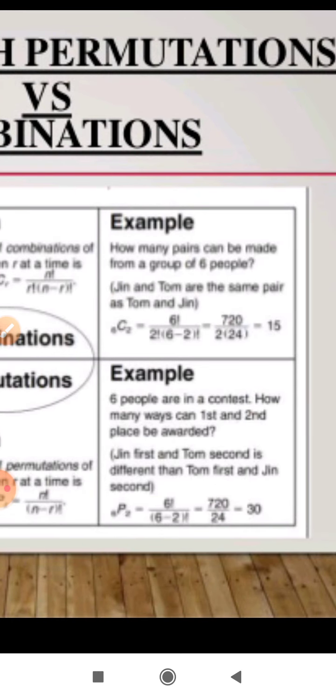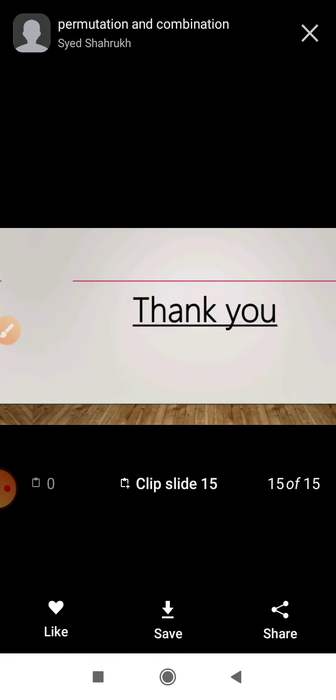For nCr, n is 6 and r is 2, so putting the values in the formula, factorial 6 upon factorial 2 into factorial 6 minus 2, which is 720 upon 2 into 24, is equal to 15. Similarly, for the example of permutation nPr, putting the values of n and r in the formula nPr is equal to factorial n upon factorial n minus r, which is 720 upon 24, is equal to 30.